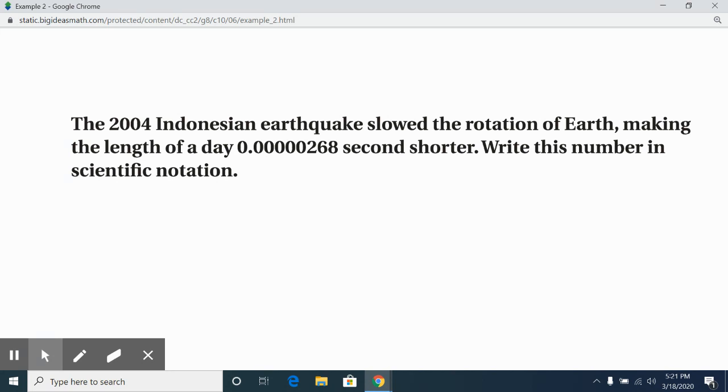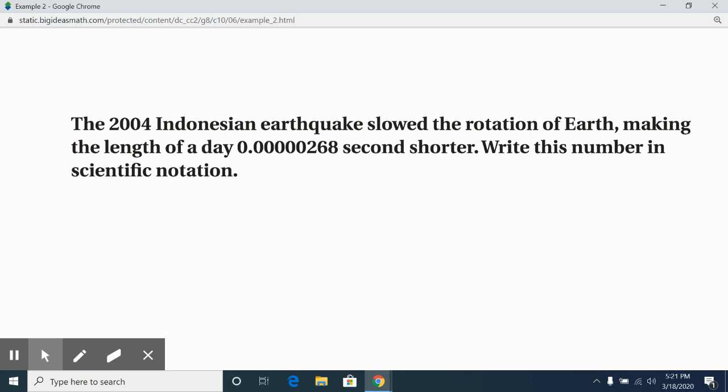Now we just have to determine what that exponent is, meaning I need to figure out how many spaces I need to go to get my decimal in the right spot, okay? Hopefully we're thinking, guys, our decimal needs to go right here, between the 2 and the 6, okay? Got to go between the 2 and the 6 to make the number greater than 1 but less than 10.